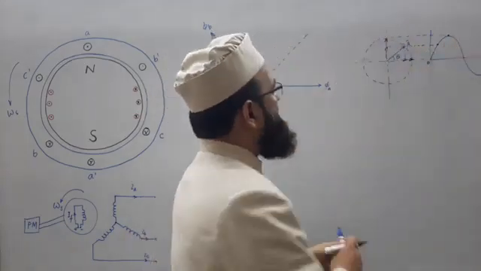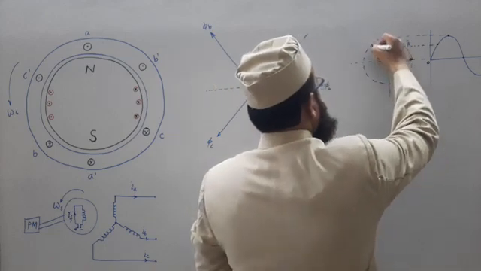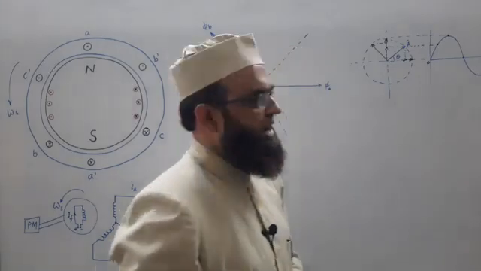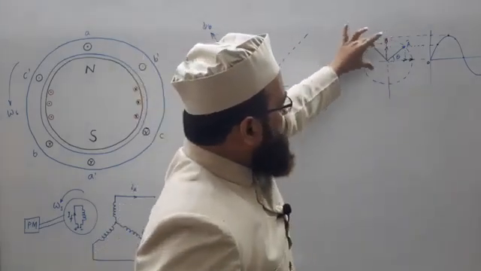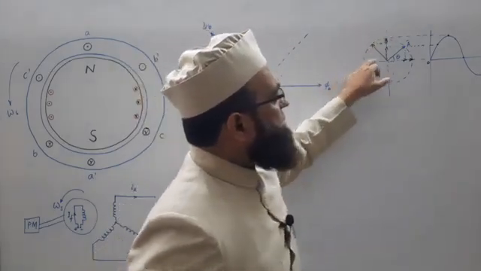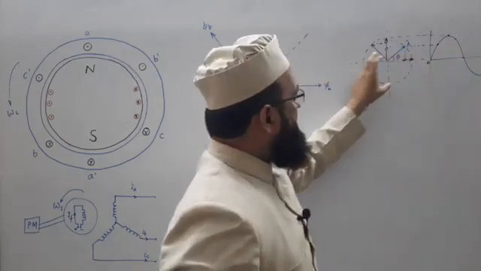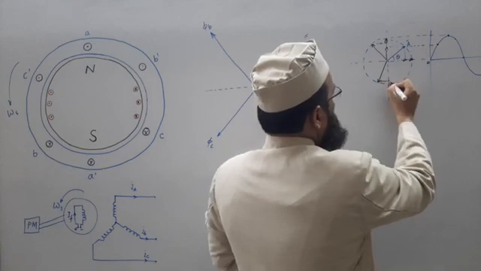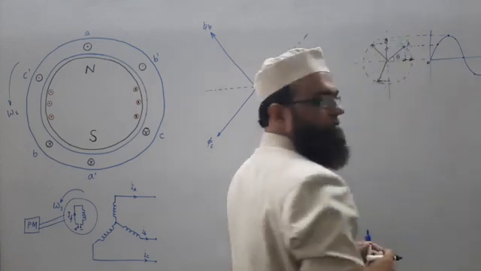Then again after this, what will be the vertical projection? This will be the vertical projection, corresponding to this magnitude, the instantaneous value. Again it rotates, reaches here, so the magnitude becomes 0. Again it comes somewhere here, so what will be the vertical projection? This.